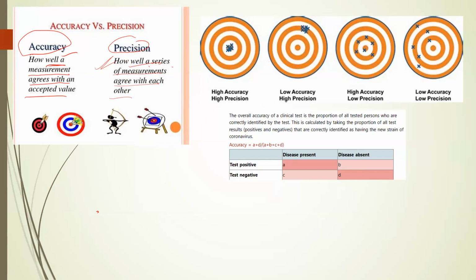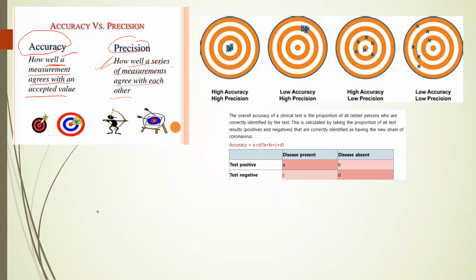But in precision, you're just checking whether a series of measurements are close to each other or apart from each other. It doesn't matter whether they are close to or away from the accepted range. The relationship with the accepted range is not taken into consideration, but you're taking into consideration how well they agree with respect to each other. Is that clear?